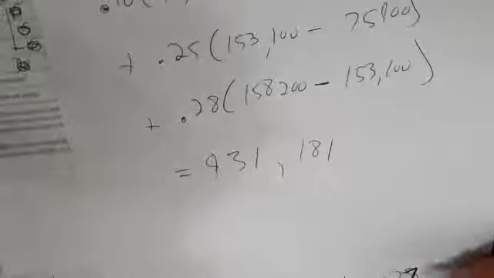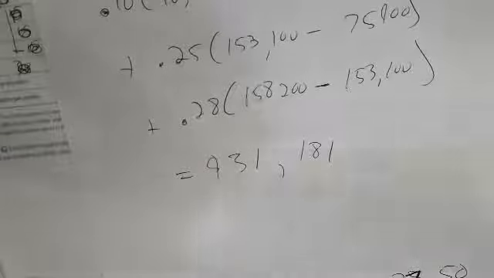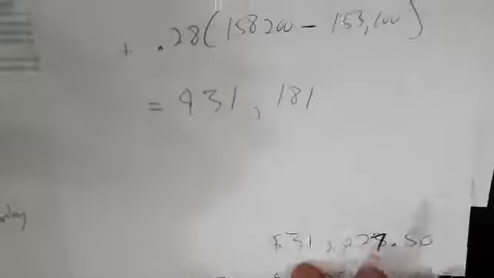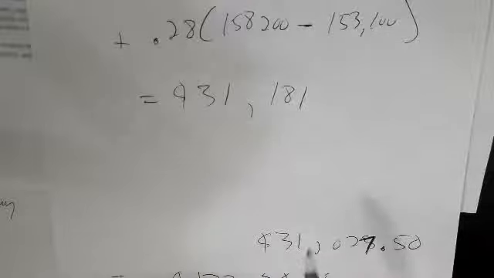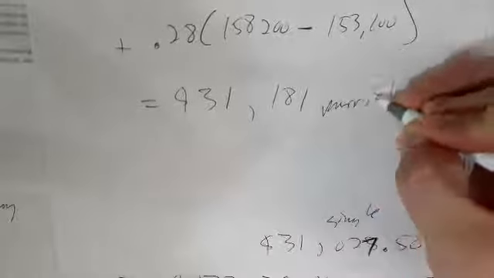Ooh, 27.5. And so is it better for them to file married, or just better for them to file separately is the question. So we're comparing 31,181 versus 31,027. This was single. And this is the married, right?